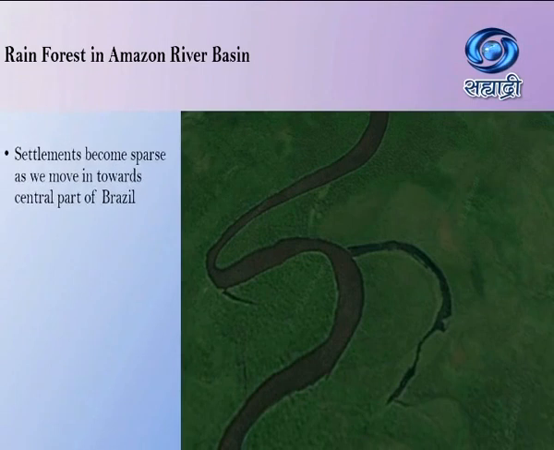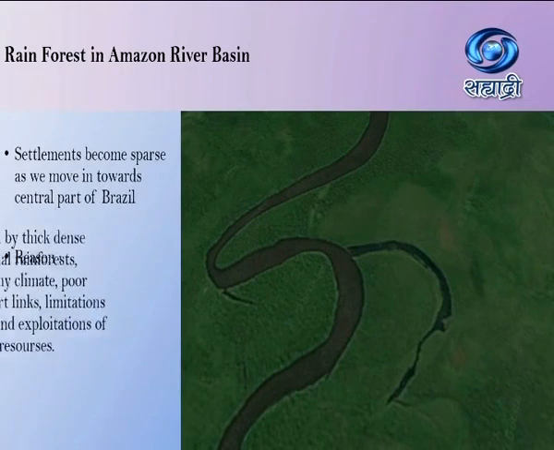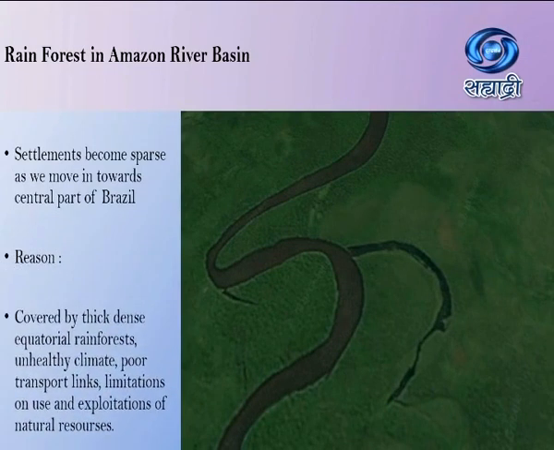We saw in the previous slide the rainforest in the Amazon river basin, let's just sum up again. The rainforests again have sparse settlements. The settlements are sparse because it's the central part of the country.